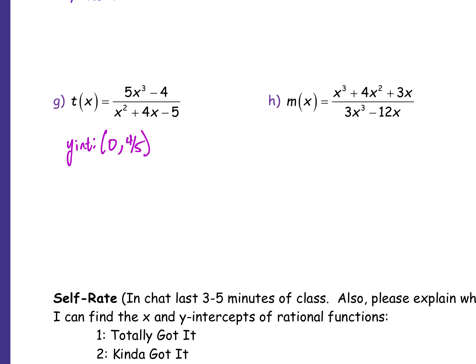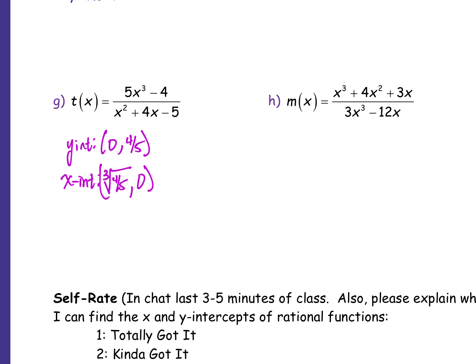So I put a 0 wherever there's an x. That means that's 0, that's 0, that's 0. I get left with -4 over -5, which simplifies to +4 over 5. Okay, my x-intercept is the cubed root of 4 over 5, 0. Is that what you got?